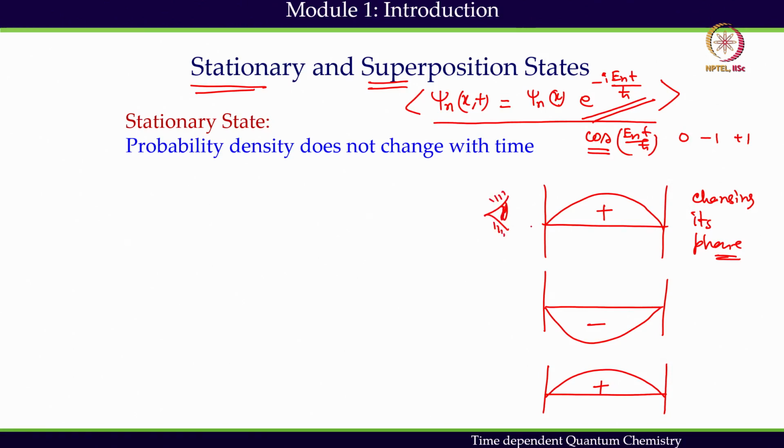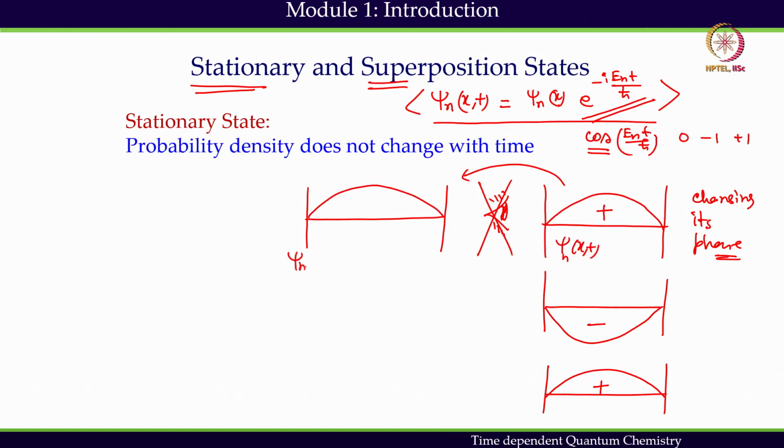Can I observe it? No, it is not possible. The only thing I can observe is its density. What would be the density of this wave function? This is psi n x t. So, the experimentally relevant quantity, the density, will always be like this.